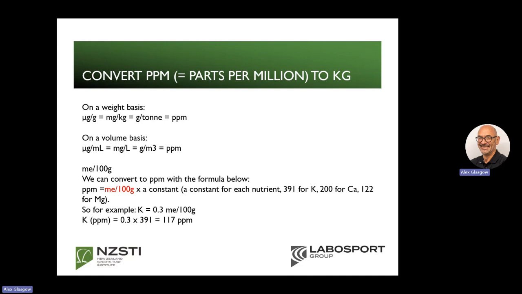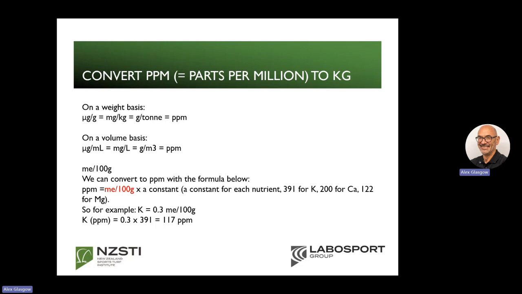But in most cases, they are actually just a different way of writing essentially parts per million. So you can see there on that weight basis or volume basis, a lot of those nutrients when they're in those forms are actually already in ppm, parts per million. The exception to this is this milliequivalents per 100 grams result form. We can convert this to parts per million with the formula below.